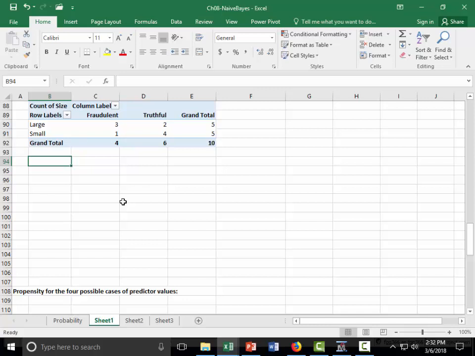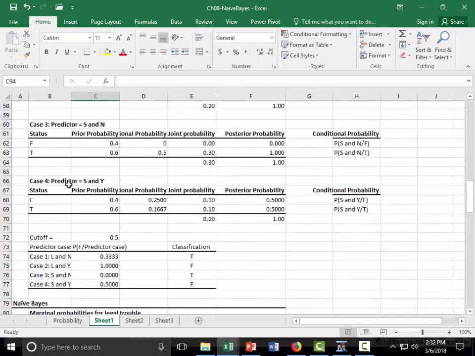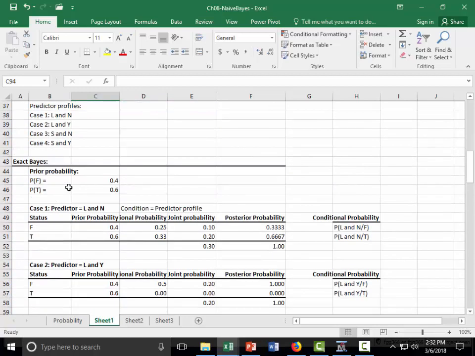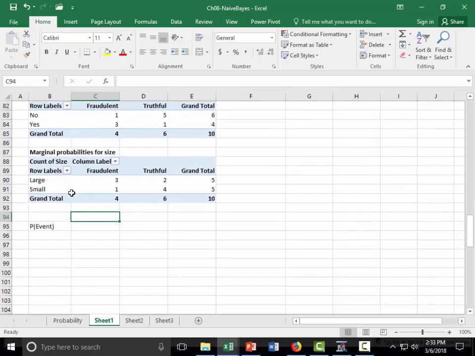all right, now let's define some probabilities. Okay, so probability of the event. Fraudulent or truthful.